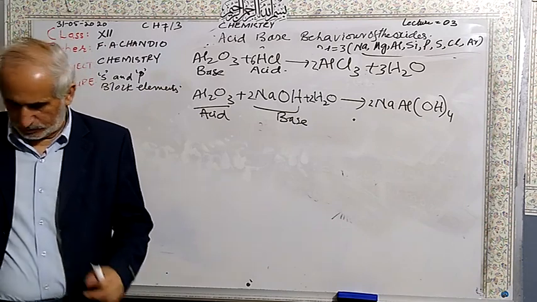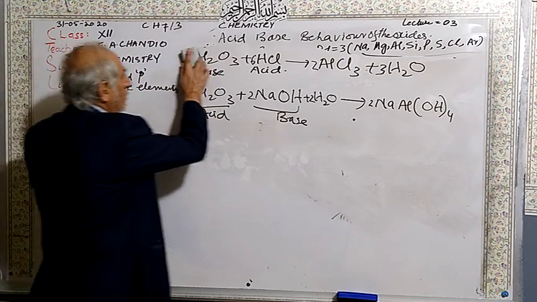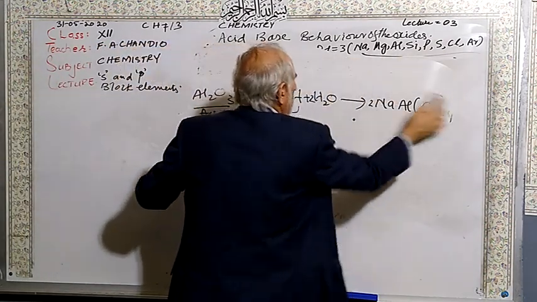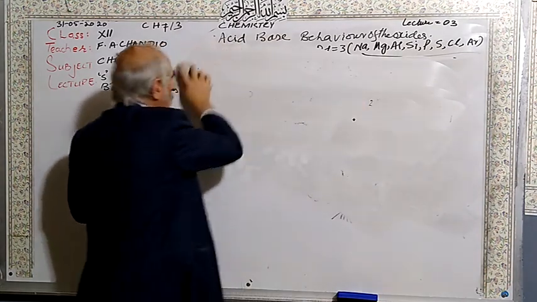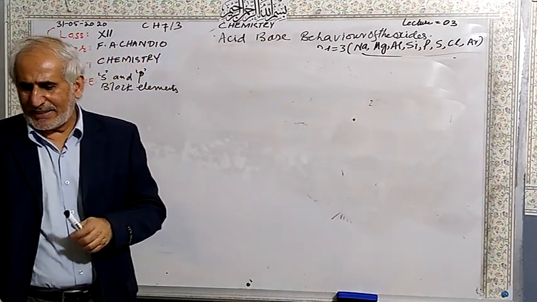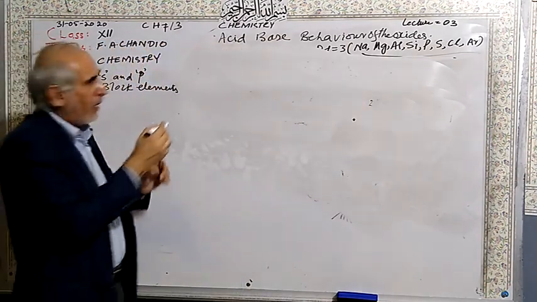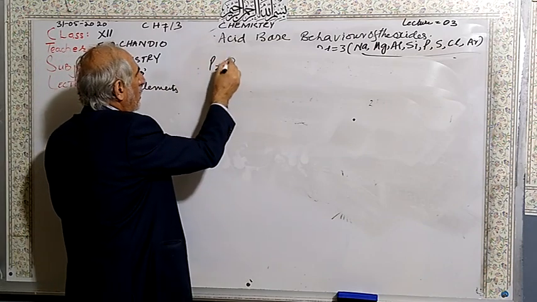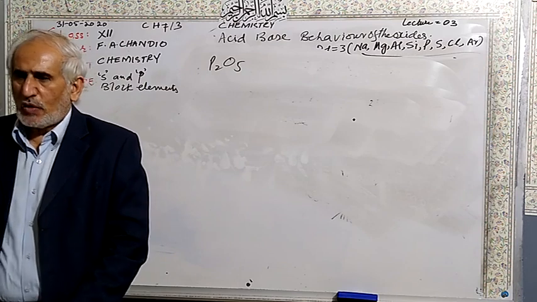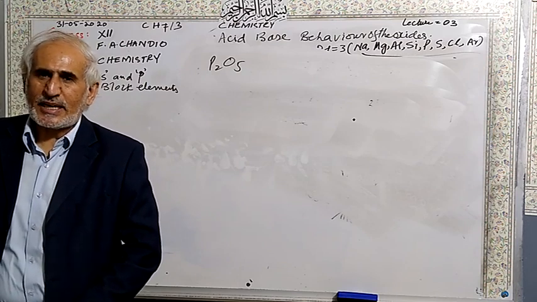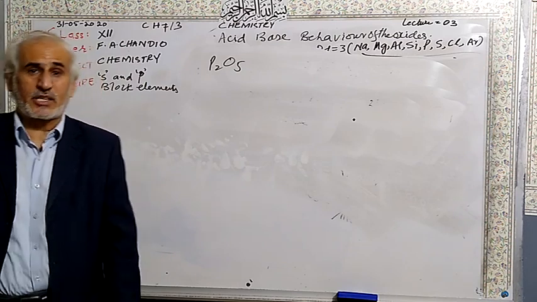Phosphorus. Then acidic starts. Phosphorus pentoxide. So phosphorus oxides are acidic in nature.